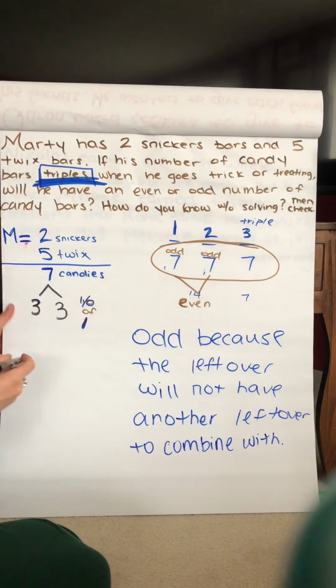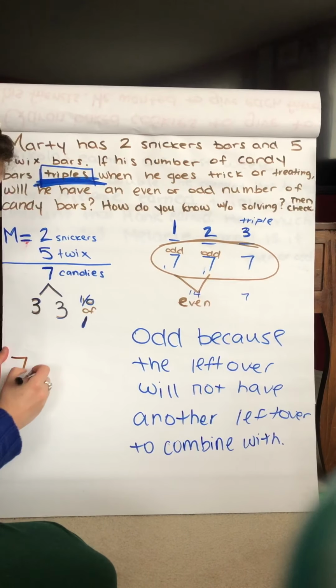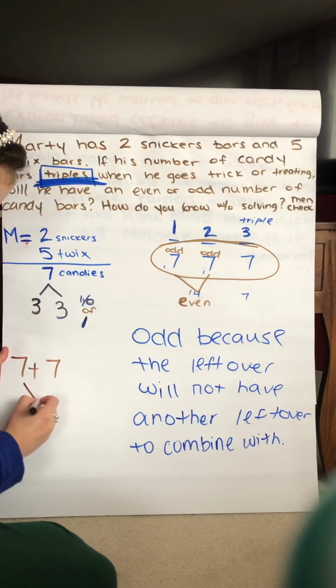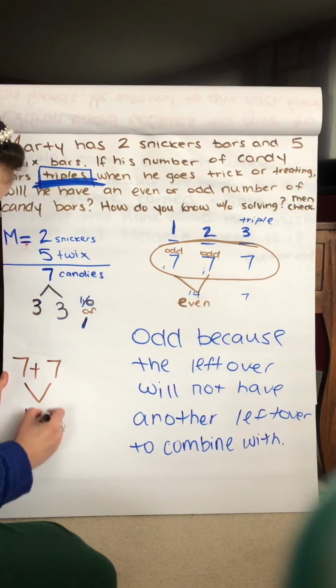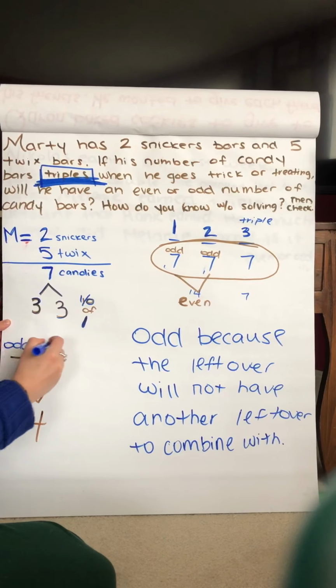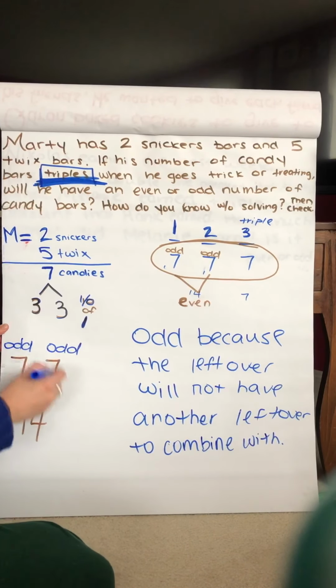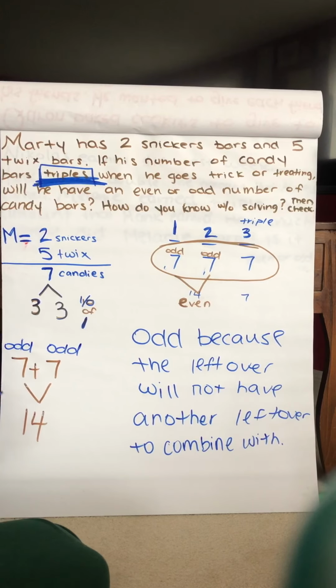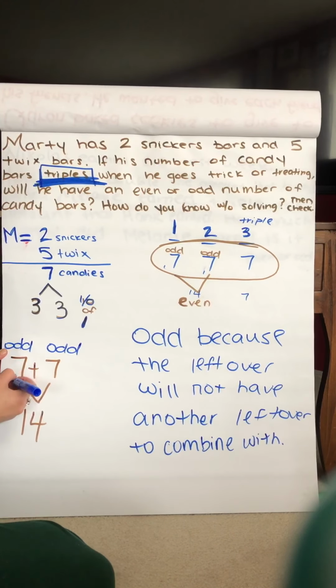Let me show you an example of that. 7 plus 7 gets us to 14. So we know that the odd and the odd got us to an even number. That's because when we try to split an odd number into 2 equal groups, there's a leftover of 1.